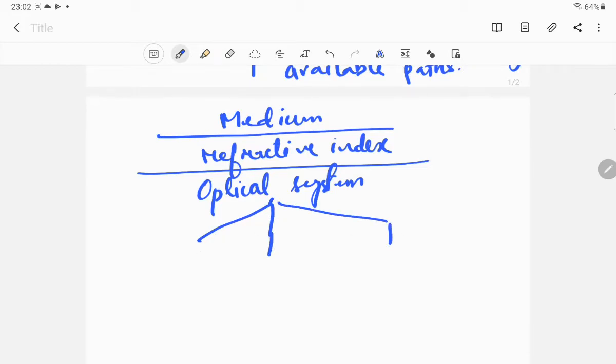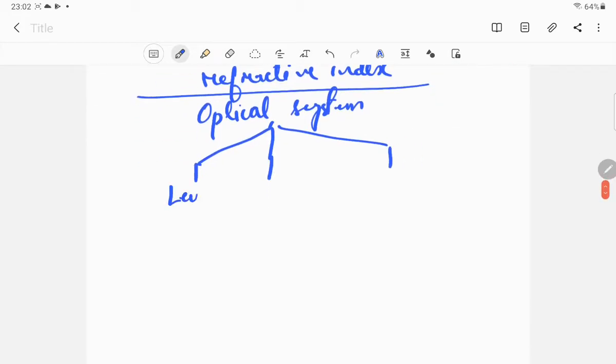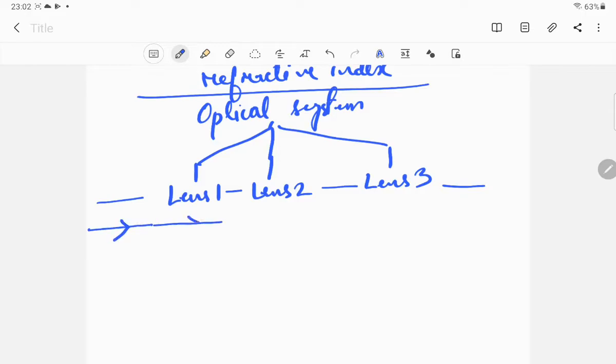There may be lens number 1, lens number 2, lens number 3, and there will be free space. The ray first enters the free space, then goes through the lens, then again free space, then again lens, then free space, again lens, and then finally comes out. So this is the optical system.